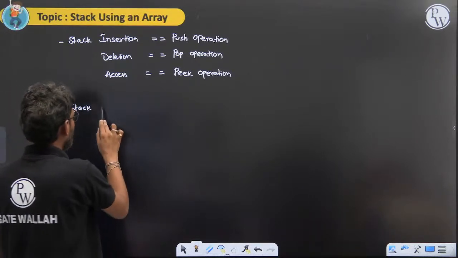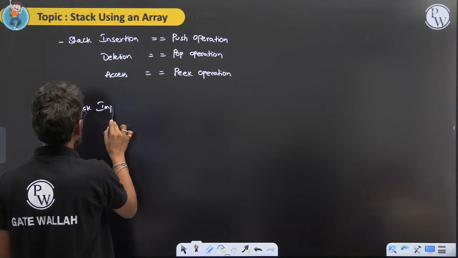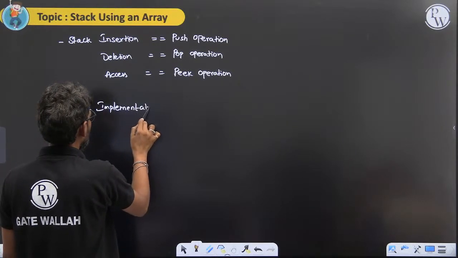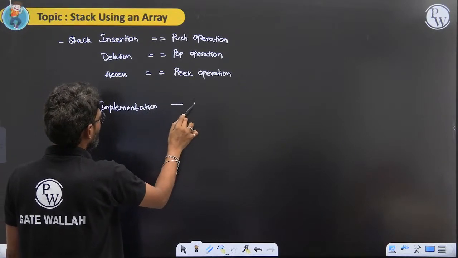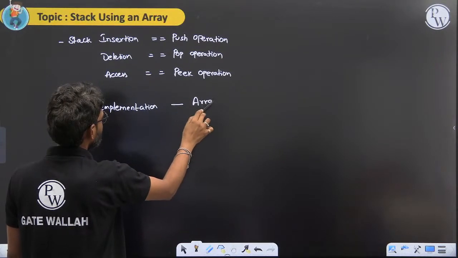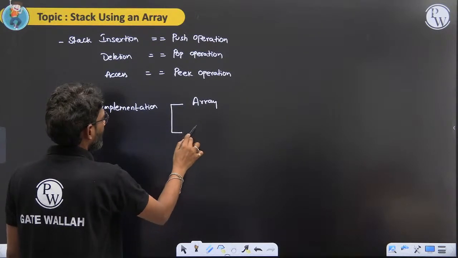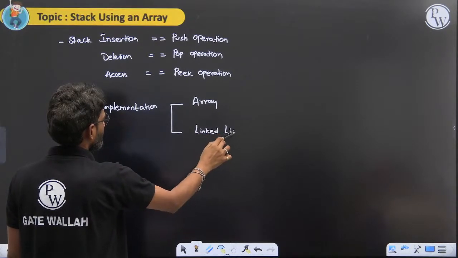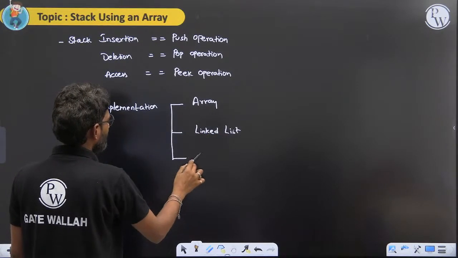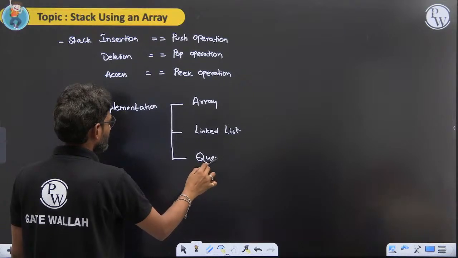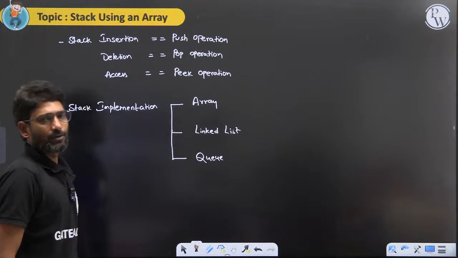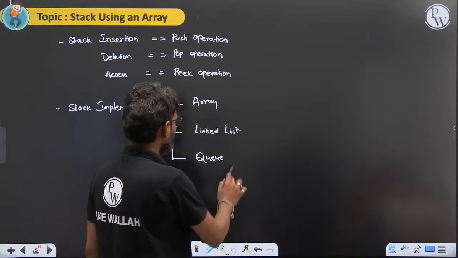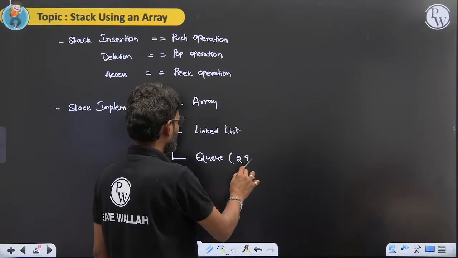So this stack you can implement either using array or using linked list or using queue. Of course, if we need to implement stack using queue, we require two queues.